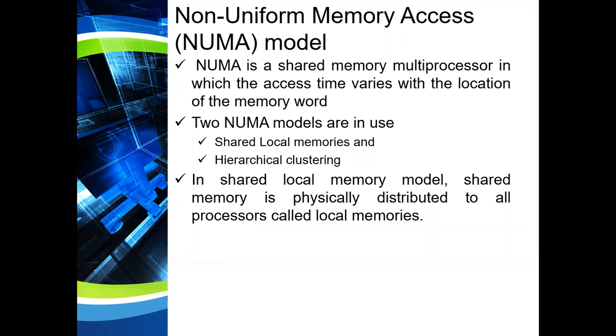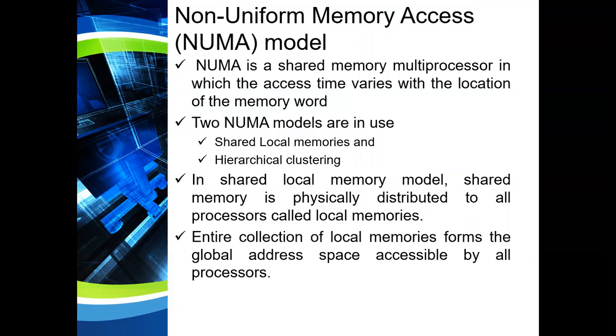Okay, so under the first memory model of NUMA, the available shared memory is distributed to all processors. The processors are utilizing the distributed memories as local memory. So that's why the model is also called the shared local memory model. The distributed collection of local memories, that entire local memory, forms the global address space.